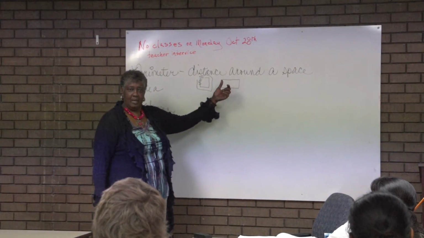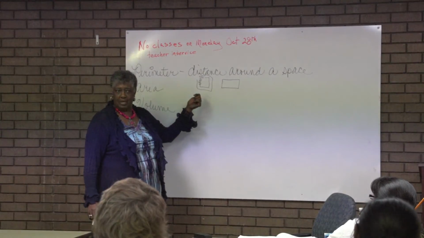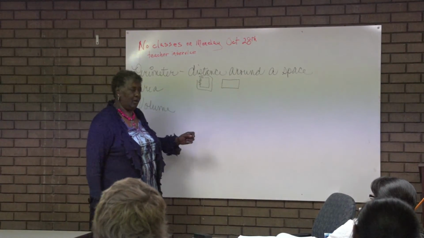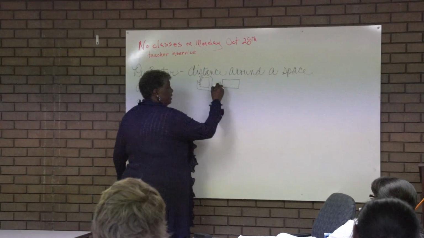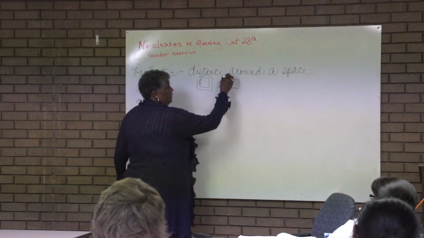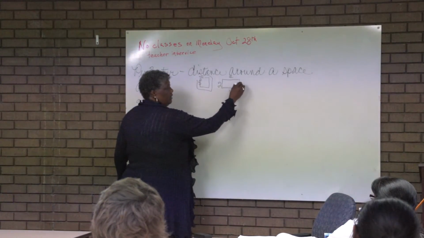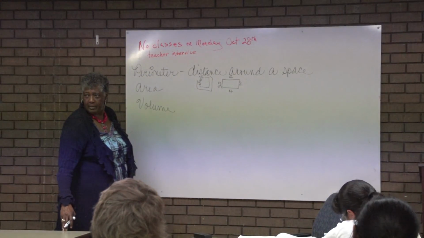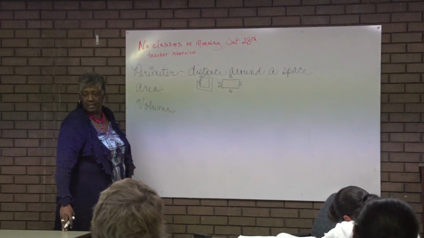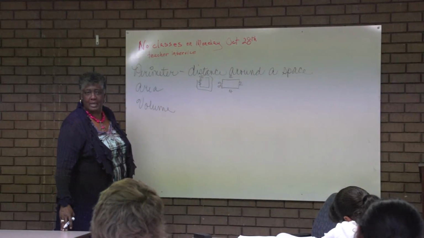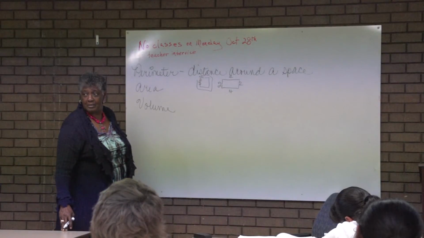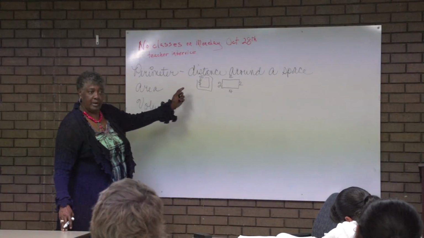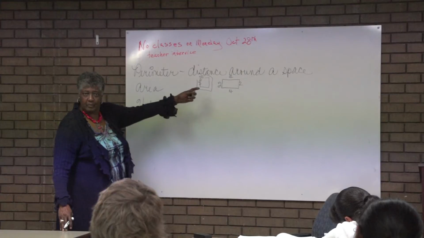The difference is that in a square, all sides are the same. In a rectangle, these sides are the same, but not all sides. Opposite sides are equal and parallel, but in a rectangle, they could be different sizes. In a square, they're all the same. Okay?